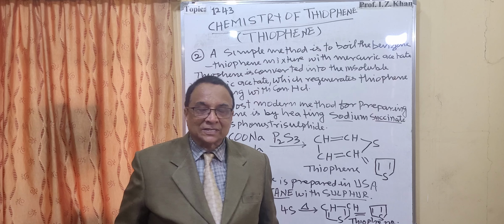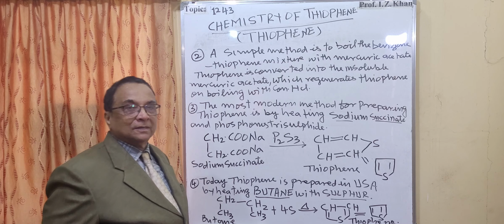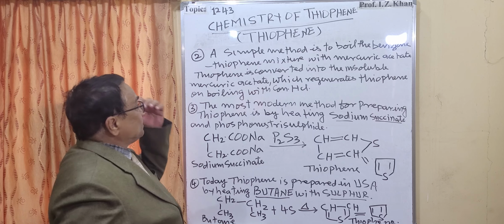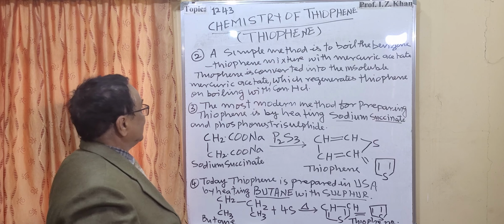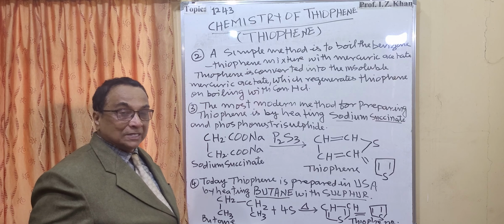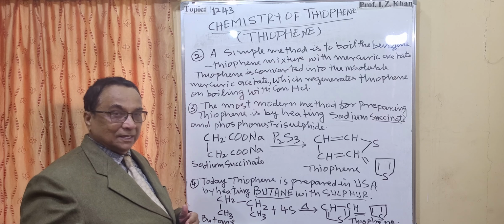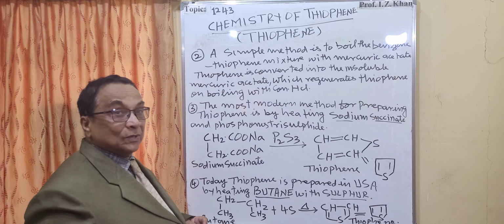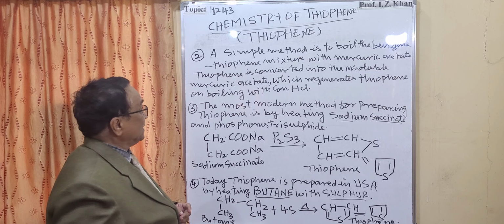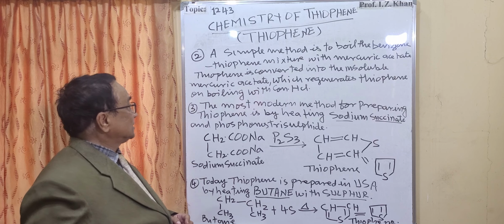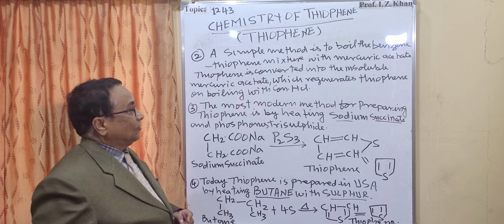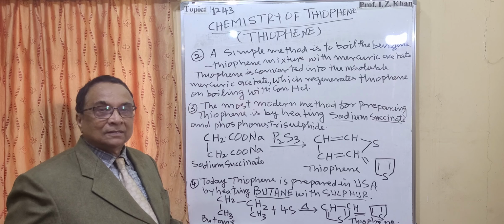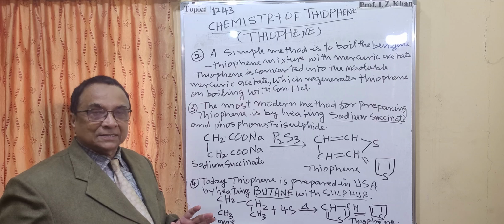Here in continuation, how we can obtain or prepare thiophene. Number two, a simple method is to boil a benzene-thiophene mixture with mercuric acetate. Thiophene is converted into an insoluble mercuric acetate derivative, which regenerates thiophene on boiling with concentrated sulfuric acid.